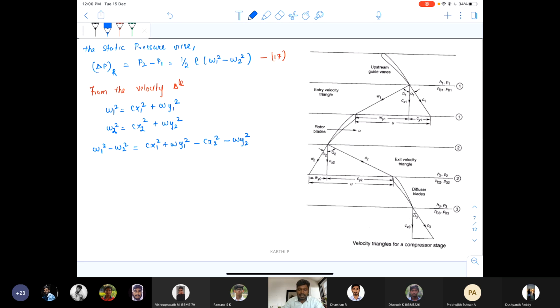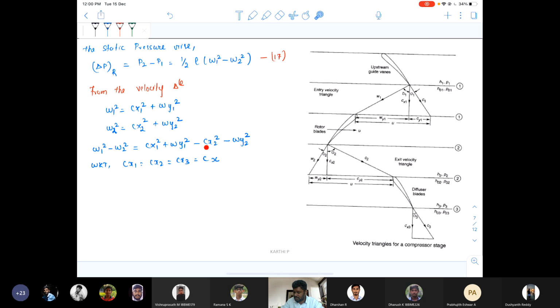We have made an assumption that the axial velocity is constant. Therefore, we know that Cx1 is equal to Cx2 is equal to Cx3, which will be equal to Cx. In this equation, the Cx1 square and Cx2 square will get cancelled out, since both are equal, one with a minus sign and one with a positive sign.